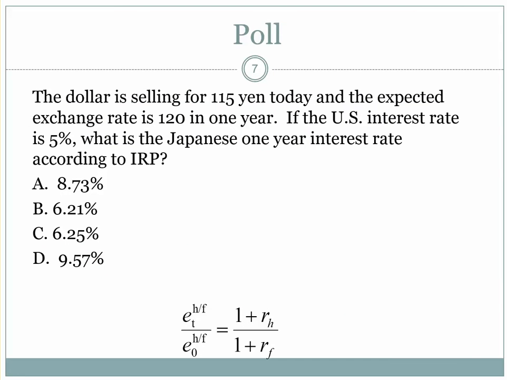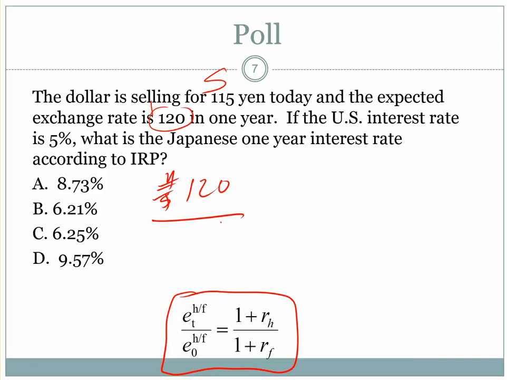So here's another problem that we can use interest rate parity for. The dollar is selling for 115 yen today. That's my spot price. And the expected spot price or exchange rate in 1 year is 120. So what I can use is my PPP or IRP formula and say that the new exchange rate, yen per dollar, over the current spot price, yen per dollar, is equal to the relative interest rates.